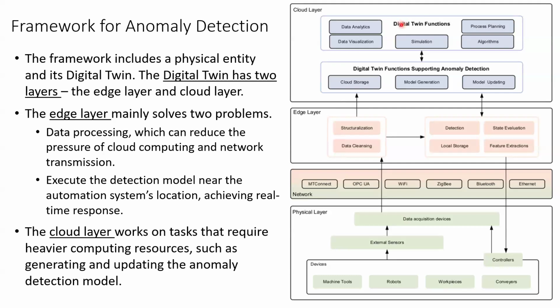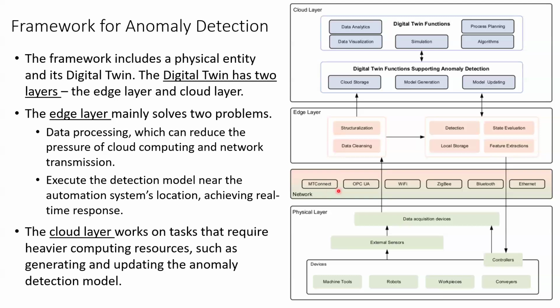This layer takes over more computationally heavy tasks, and it supports model generation, model updating, simulation, data analytics, visualization, and process planning. This layer also provides cloud storage for managing large volumes of incoming data from the edge. This architecture supports communication through various industry protocols.